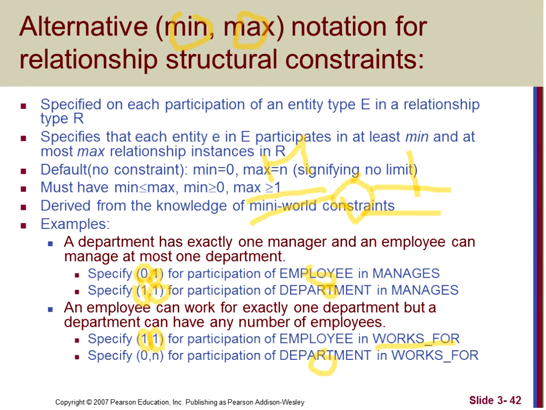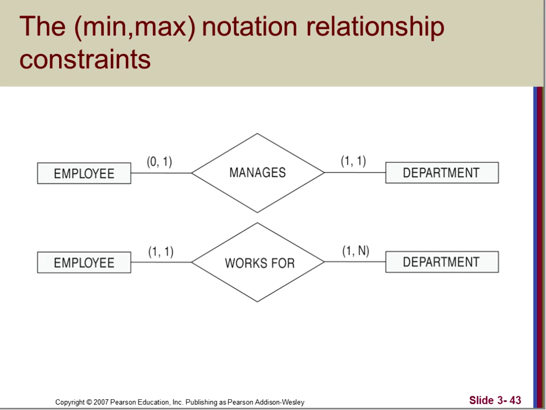In terms of department, this is a minimum 0, maximum n, which means sometimes there's no employee in this case, but for the maximum there's no limitation. That is the min-max notation. So this is another example of the min-max notation. Okay, so instead of the double line and 1, 1, we can use the min-max notation.